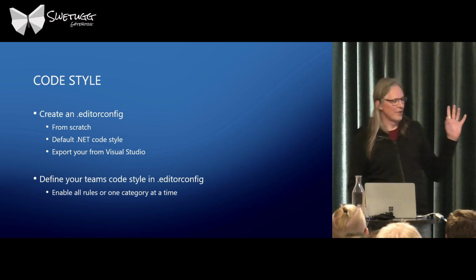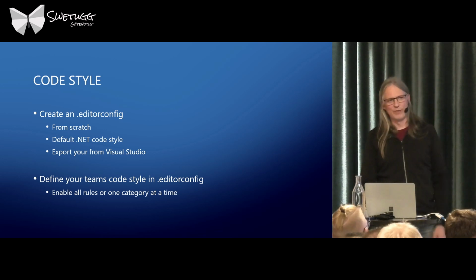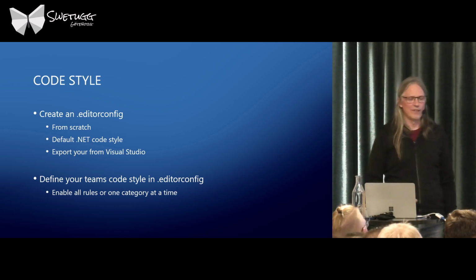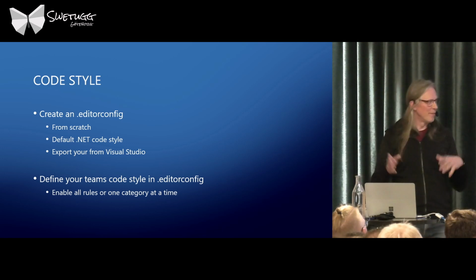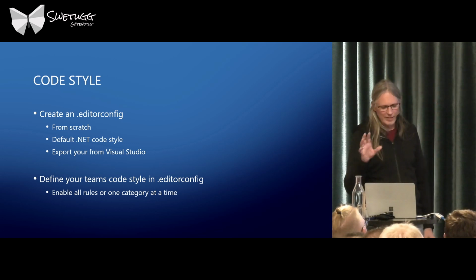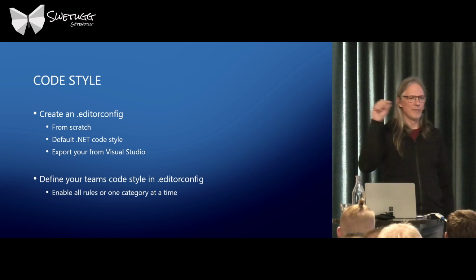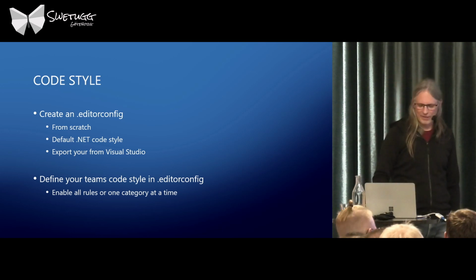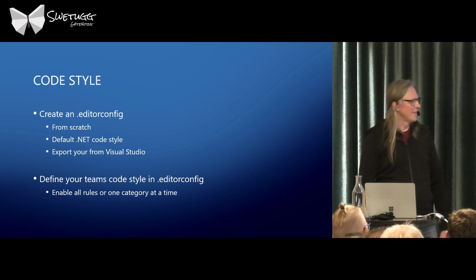You can either start from scratch and just try to add rules, and there's a list on Microsoft Docs if you want to see the numbers and what they mean. Or you can look in the analyzer list under dependencies and turn them on one by one. That's a lot of work.